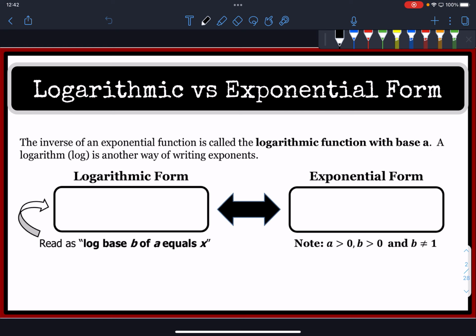Now, the inverse of an exponential function is called the logarithmic function with base a, and a logarithm, or log for short, is another way of writing an exponent.